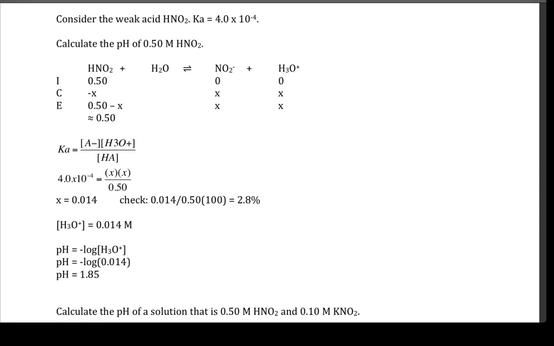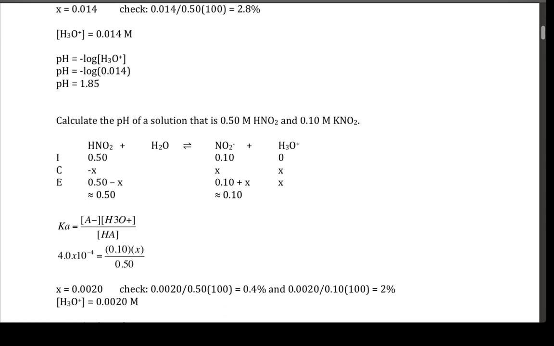Ka equals A- times H3O plus divided by HA. We have 4.0 times 10 to the minus 4 equals x squared over 0.5. x is 0.014. We do the check, it's less than 5%, so we're okay. Since x is the H3O plus concentration at equilibrium, the H3O plus concentration is 0.014 molar. We calculate the pH from the negative log of the H3O plus concentration, and we get the pH is 1.85.